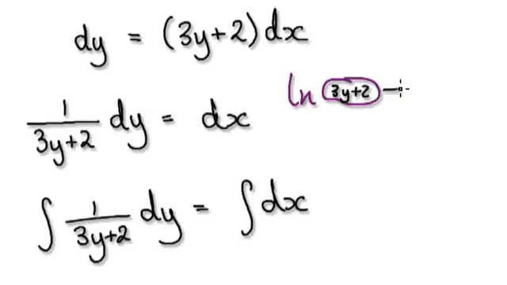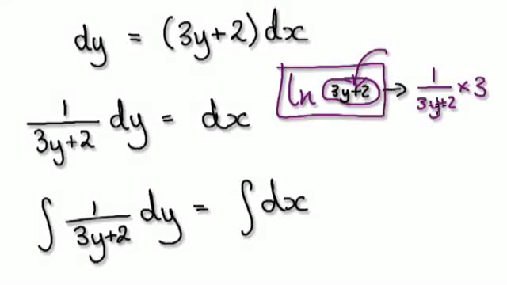But the thing is, when you differentiate this, it will give you 1 over 3y plus 2. But then you've got to times with the derivative of the bubble itself. It's you using the chain rule. You've got to times it by 3. So when you make this to be your guess, it will give you 3 over 3y plus 2.